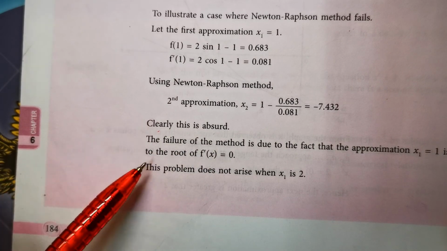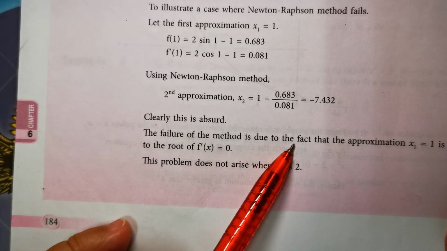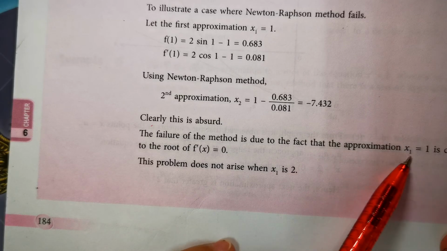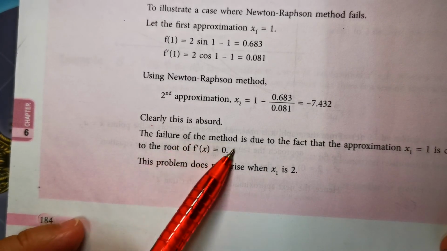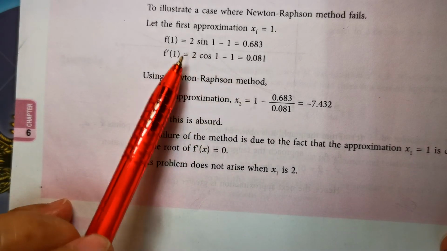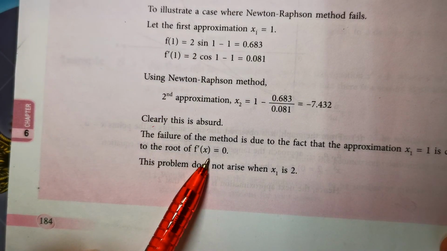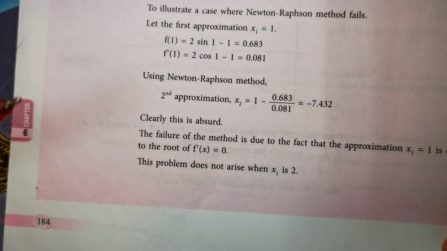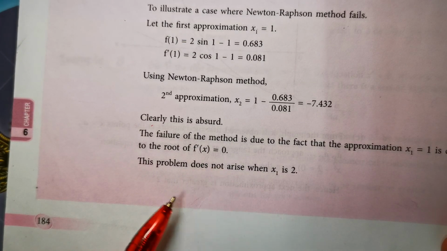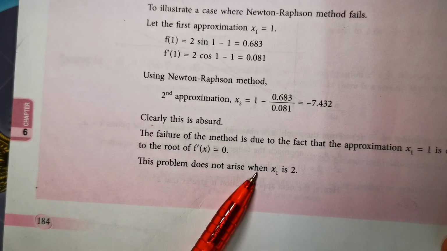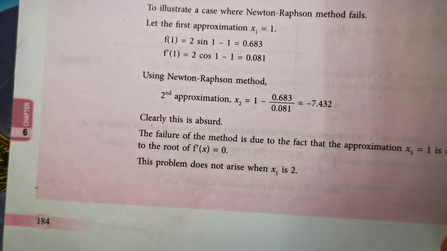It means the method has failed. The failure of the method is due to the fact that the approximation x1 equals 1 is close to the point where f'(x) equals 0. That means when x equals 1, the tangent to the curve is a line very close to horizontal. This problem does not arise when x1 is 2.